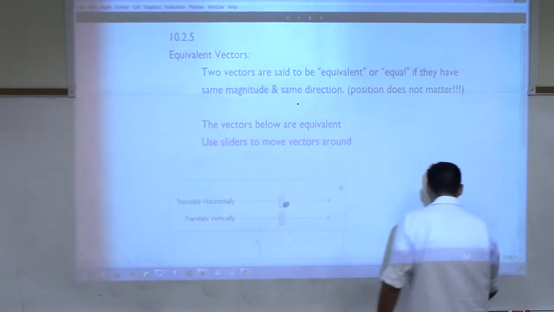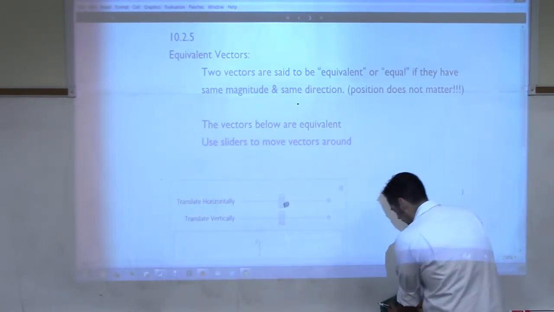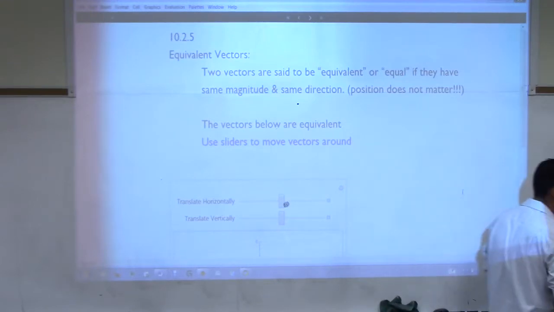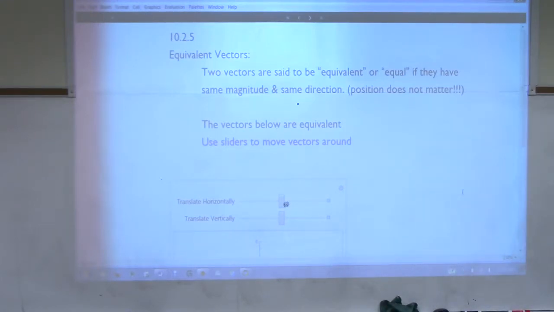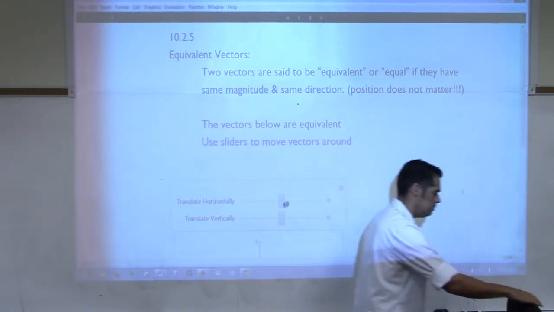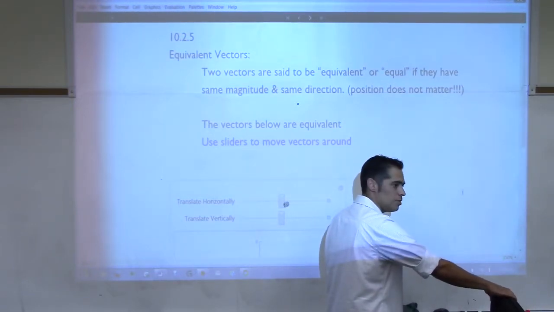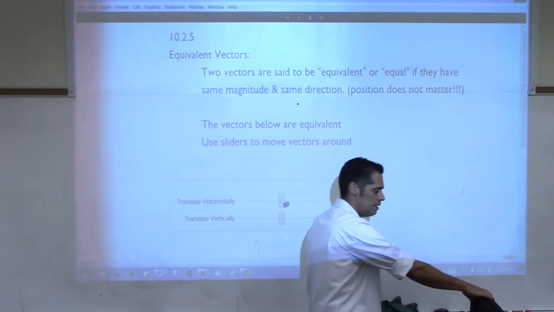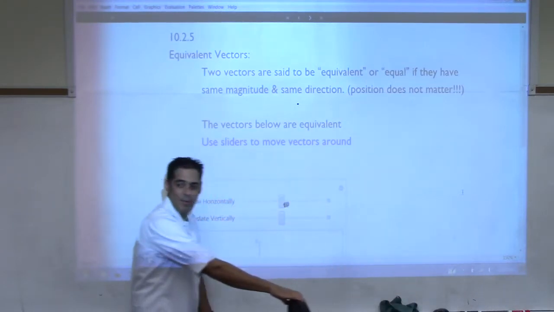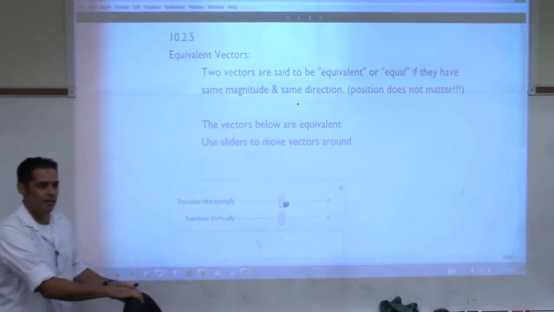So I'll give you an example as to why that would be important. If I'm going to take this chair right here, and I'm going to grab onto it, and start pulling it across the room, like this, I'm applying a force to this chair, right?